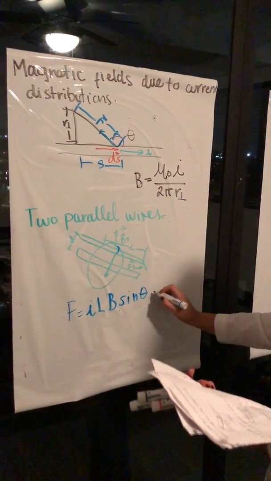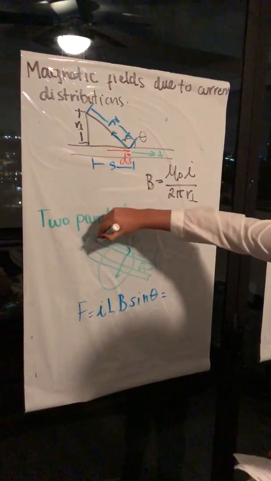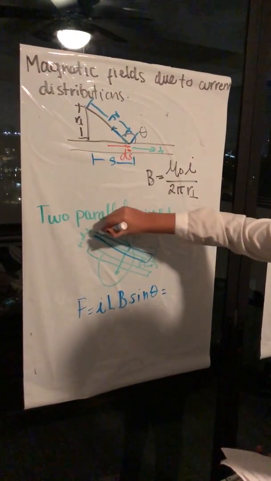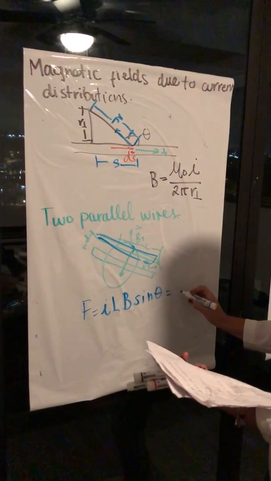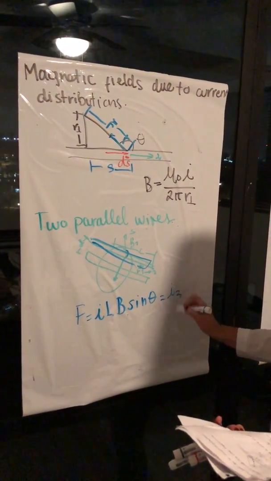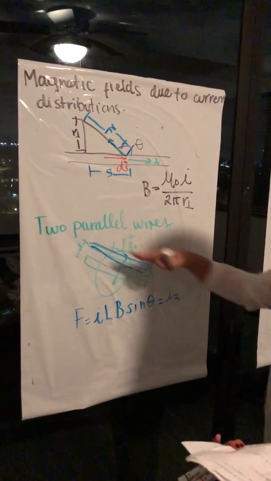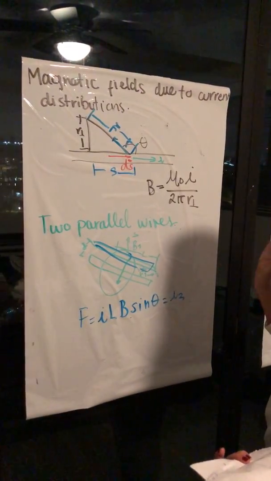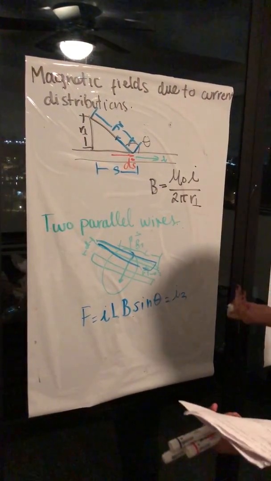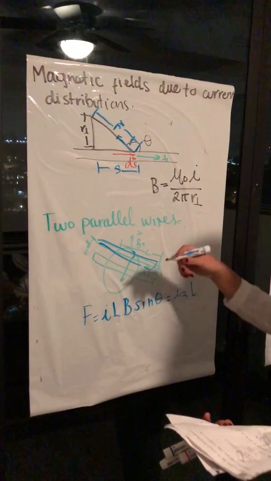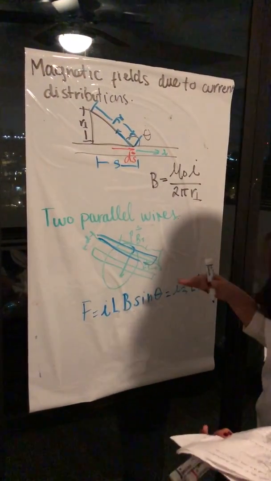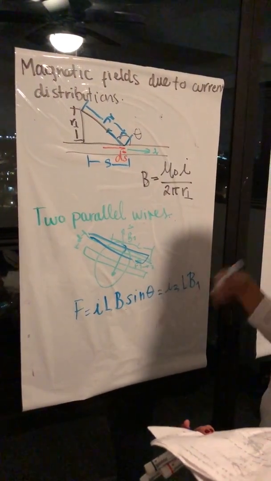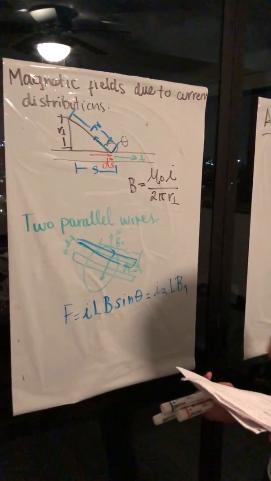And if we want to focus more on what is happening in this wire that I've already marked, it would be the current 2, since this is the interaction we are taking into account, the length of the wire, and the magnetic field of wire number 1, since it is creating the force.